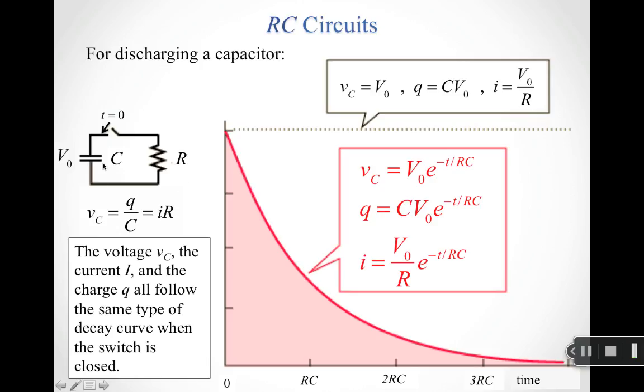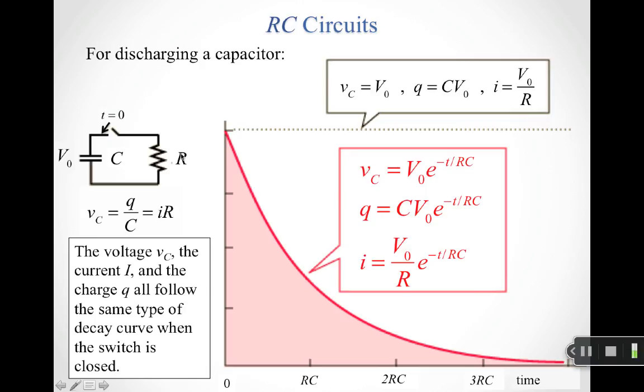Now, of course, we can discharge capacitors, which basically means I take a fully charged capacitor, and notice I don't need a battery anymore, because the fully charged capacitor is going to generate a potential difference to drive my current. So I simply have a capacitor and a resistor. When I close my switch in this case, the voltage across the capacitor, the current in the circuit, and the charge all follow the same decay curve.